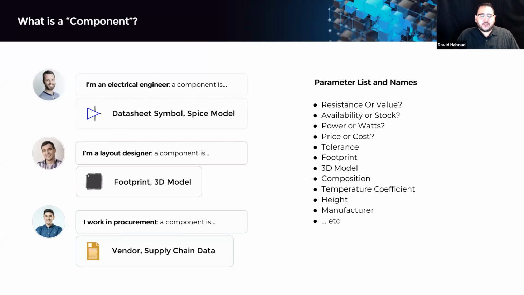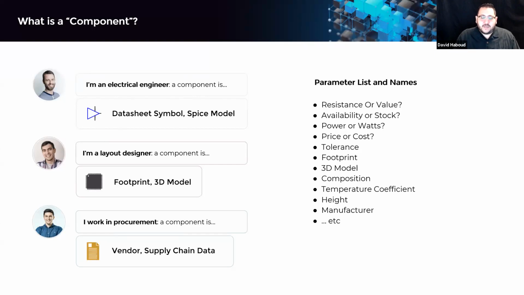When you talk to an electrical engineer, sometimes they'll just simply state that it's the symbol or a SPICE model, but when you're talking to someone in procurement, they might just think of it as the supply chain data. So we wanted to find a system where all of the component information could come together and be stored in a way where everyone could access the information they need and be in Concord.